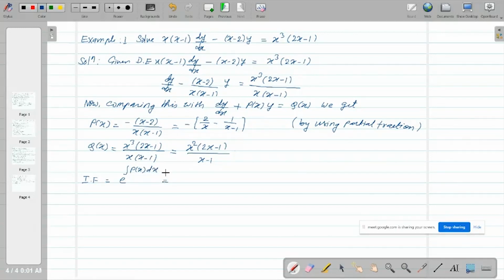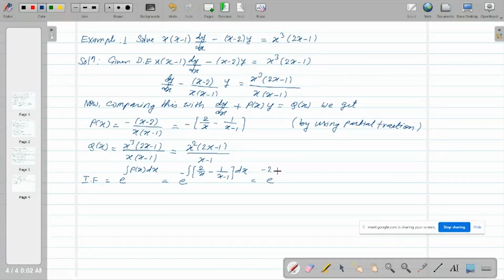Your integrating factor is this, and this equals, just integrate this, e raised to minus integration of this expression, that is 2 by x minus 1 upon x minus 1, dx. Just simplify this. So this becomes e raised to minus, 2 I am taking outside.